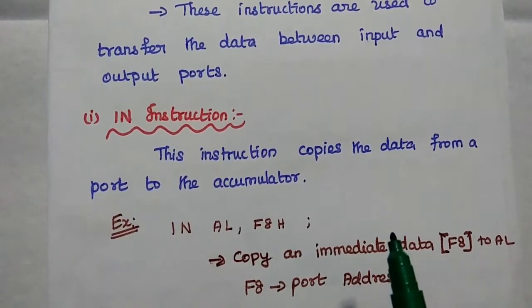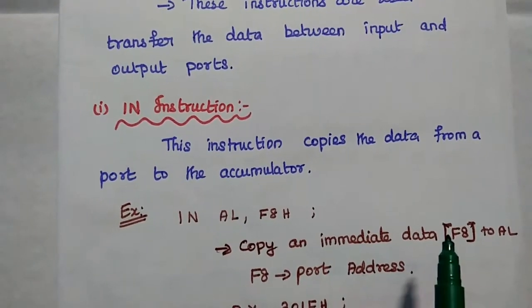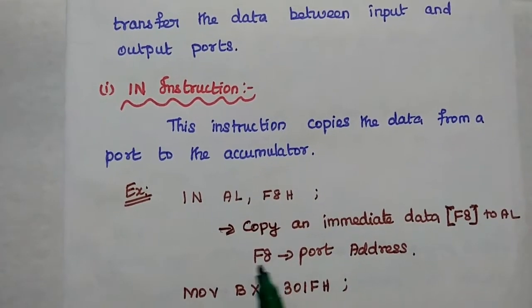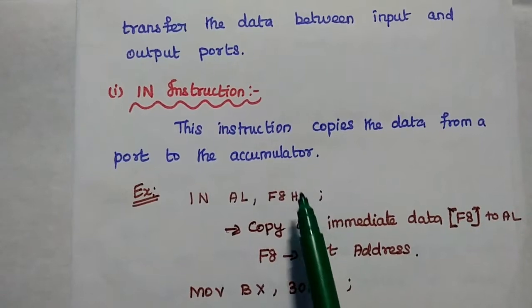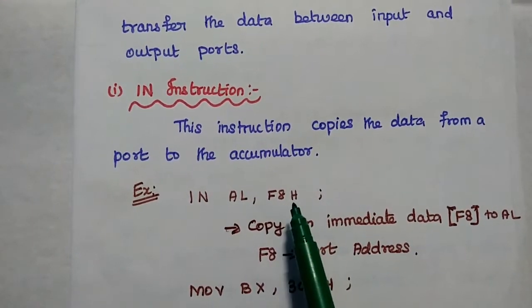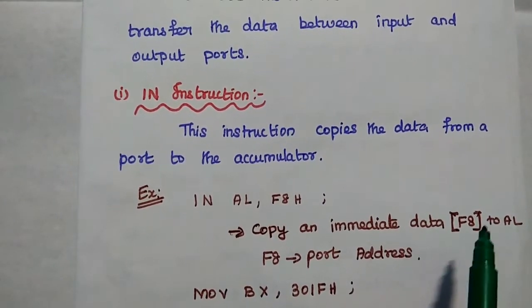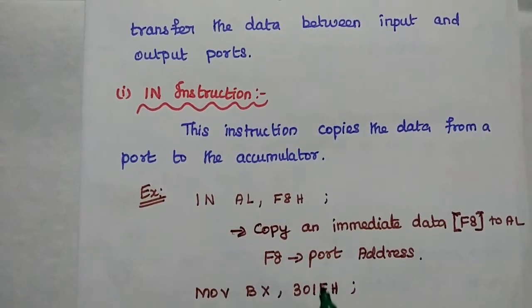So we connect an input device to the microprocessor, and from that input port we can bring the data to the accumulator. The example is IN AL, F8. This F8 represents the port number. So here we copy the data of port F8 to the accumulator.